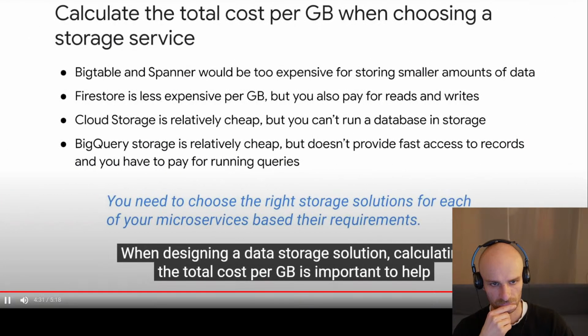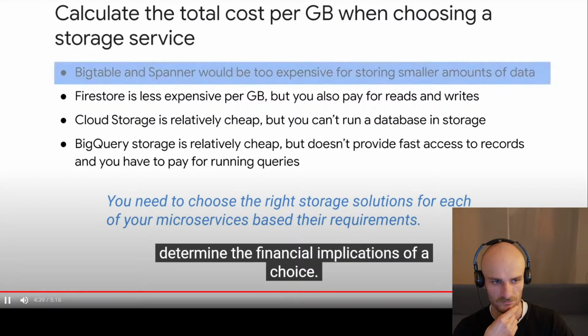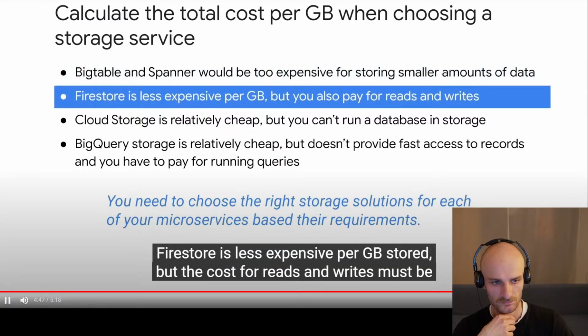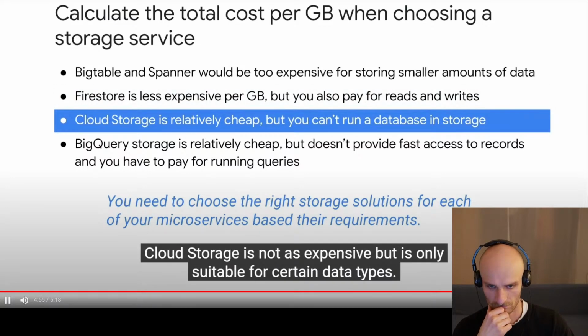When designing a data storage solution, calculating the total cost per GB is important to help determine the financial implications of a choice. Bigtable and Spanner are designed for massive datasets and are not as cost-effective for small datasets. Firestore is less expensive per GB stored, but the cost for reads and writes must be considered. Cloud Storage is not as expensive but is only suitable for certain data types.